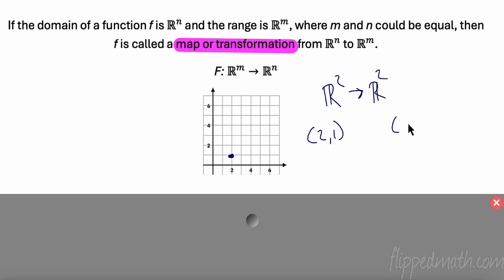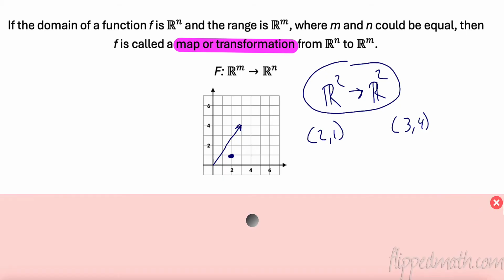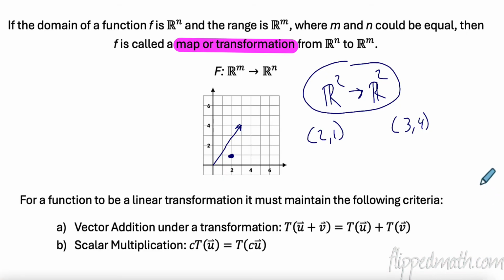But now we also know I could say 3, 4, 3 up 4. I could also represent that as a vector in 2 dimensions, all right? So we're going to be dealing with transformations that take things from R2 to R2. We're not going further than that in this lesson. As you continue your math career, you probably will go further than that, but right now this is just a new thing, okay?